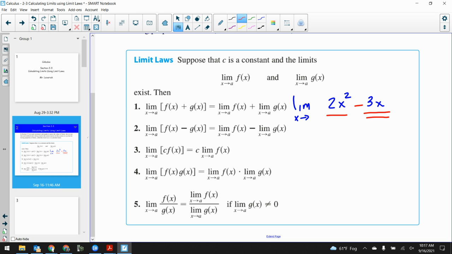Same thing is true if I multiply by a constant. That c is a constant. So if I take something like 2 times 3x squared plus 4x, and I wanted to take the full limit of that, it's really just 2 times the limit of this thing.